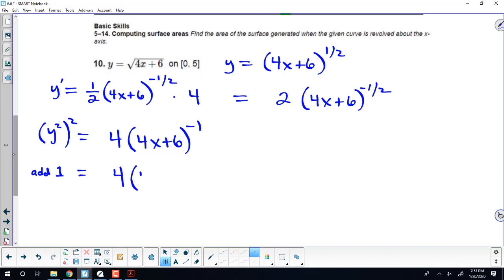So here's the trick with this. If I just add 1 like that, it's not helpful, because what I have to do is then take the square root of all of this stuff, right?